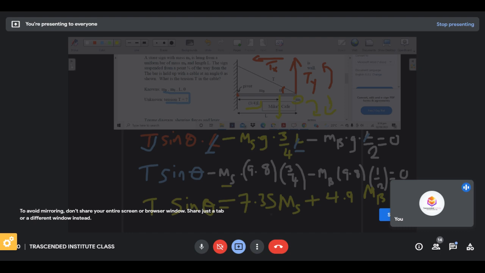In this case, we are not given the mass, and we are not given the angle sine theta, so you can just read the solution in terms of the same.